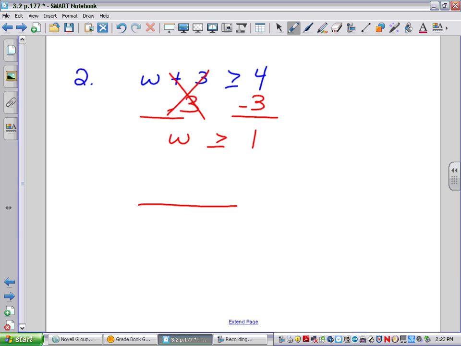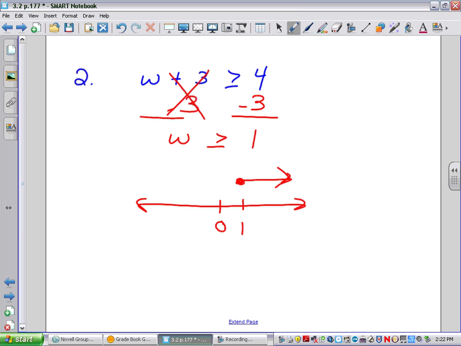Real quick, make the graph. Straight line, 2 arrows, show 0, and 1 would be about right there. And this one, be careful, this one's going to be a closed circle. Greater than goes off to the right. So that's number 2.